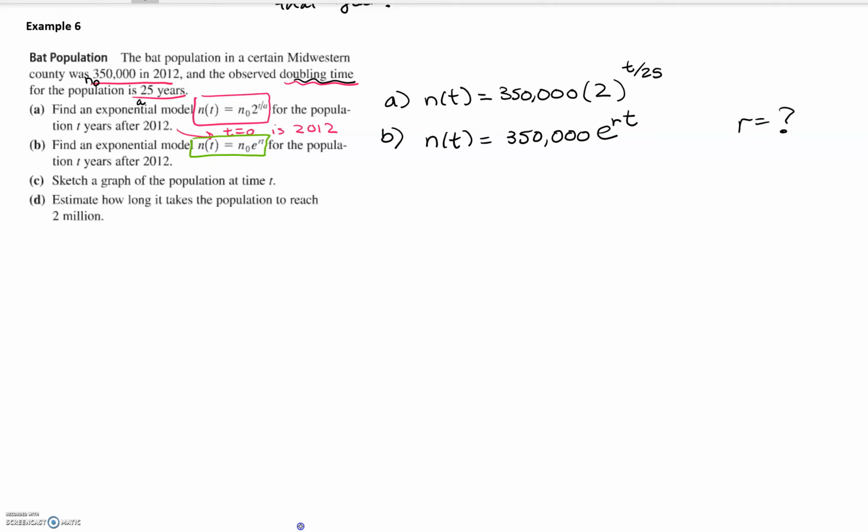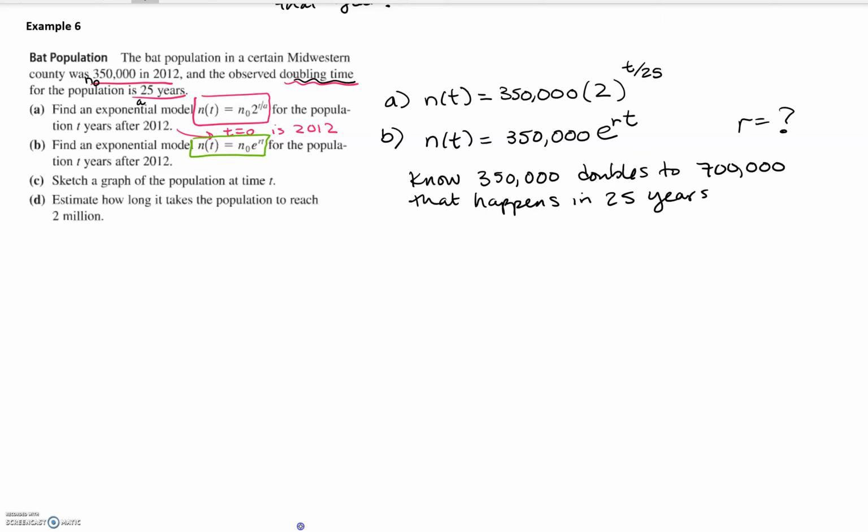Now there's different ways to do it, but we're just going to logically think through this. Well, they gave me the doubling time, so we know 350,000 doubles to, if I multiply that by 2, I get 700,000. And that happens in 25 years.